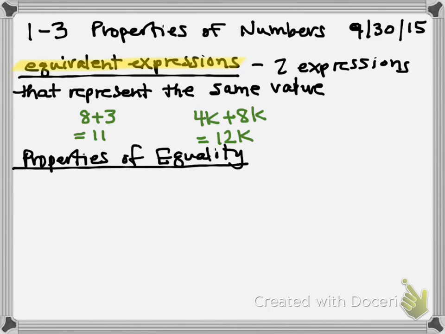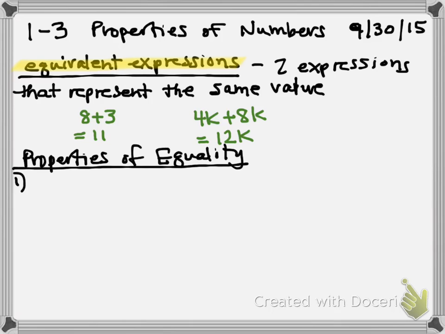And honestly, all but one of these we use on a regular basis in algebra when we're solving equations. So I'm going to kind of give you a demonstration of what does it mean, and then how does it look in our class. Okay? It may be something that you never thought about in that fashion.